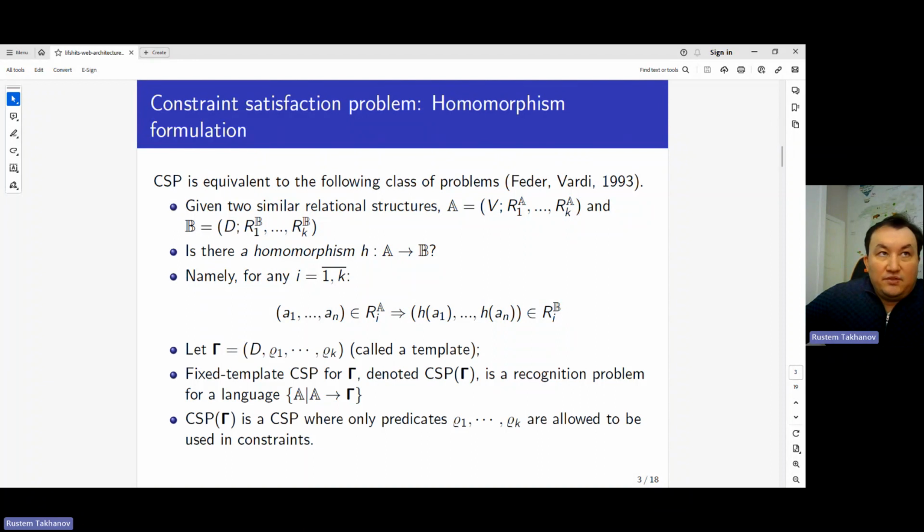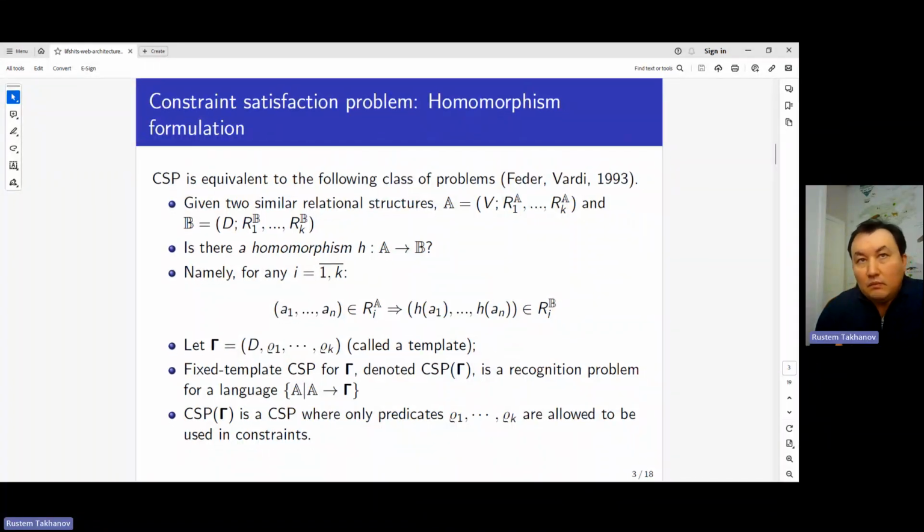But there are different restrictions of that problem. The main kind of restriction is when the second relational structure, gamma, is fixed. Let's suppose that the second relational structure is some finite domain D together with some relations ρ1, etc. If this second relational structure is fixed, then it is called a template, or sometimes a fixed template.